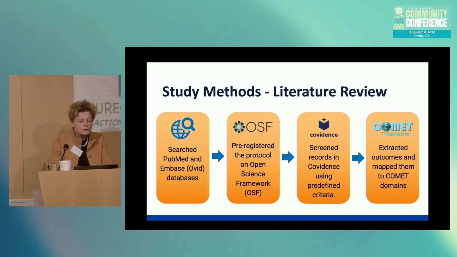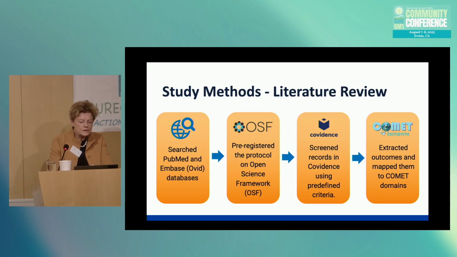So for the literature review, there are some methods that provide us with some guidance to do it in a formalized way, and we did that all. So first of all, you do some formal literature research.